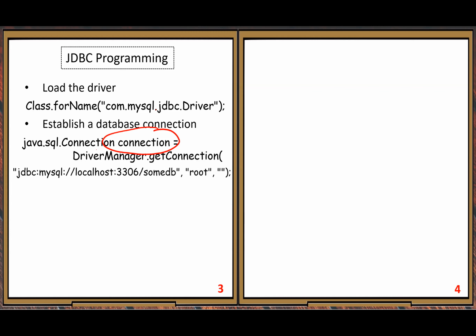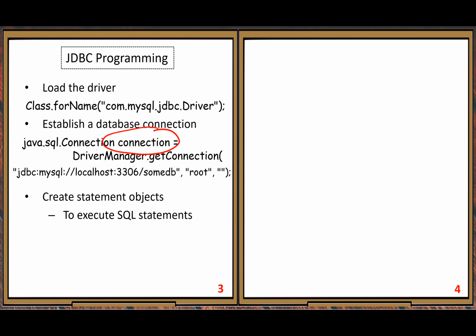Then you can do the queries. You need to create statement objects to do the queries. Typically, in order to execute SQL statements, we need to create a statement object containing the SQL query statements.